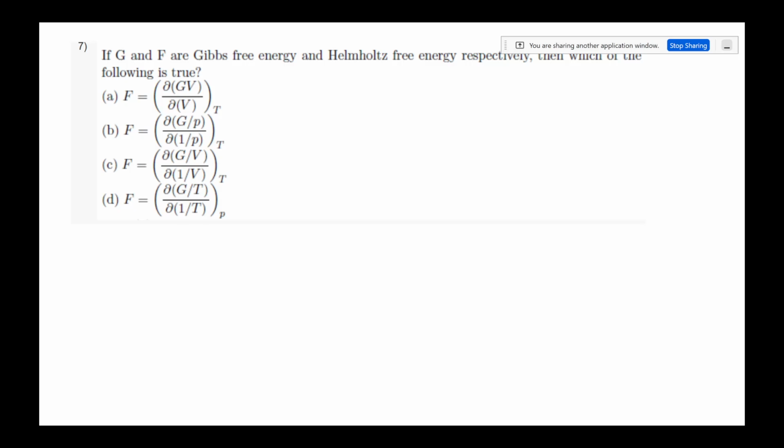Okay, so first of all, G is the Gibbs free energy, and this is F, which is Helmholtz free energy.